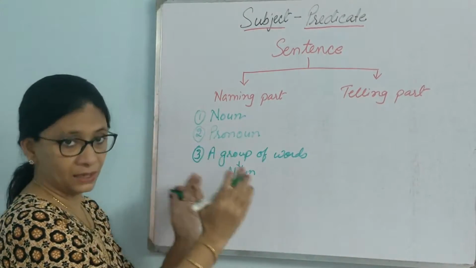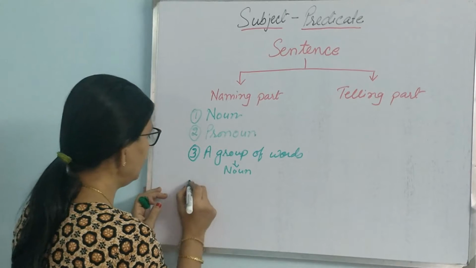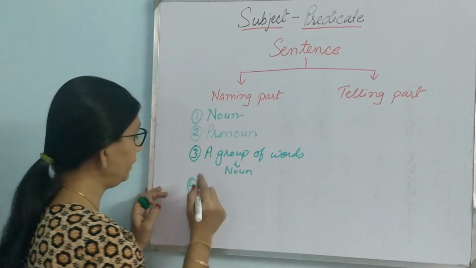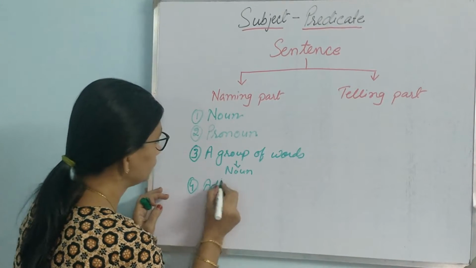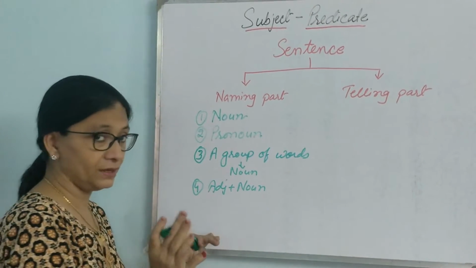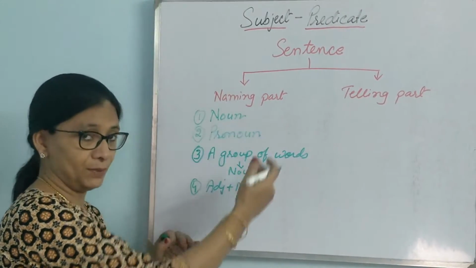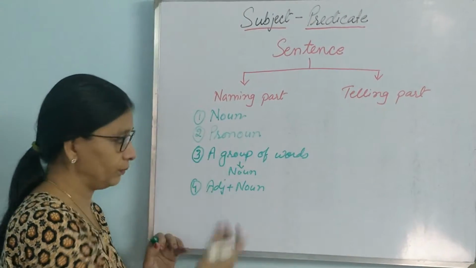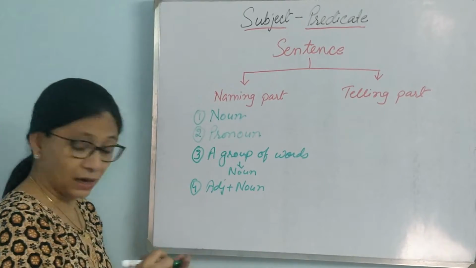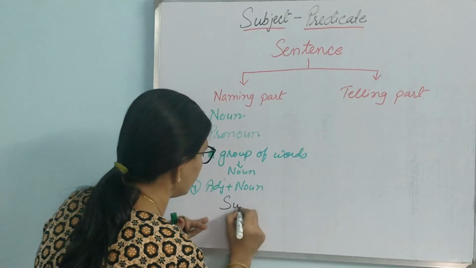The meaning will be a noun, okay, but it can be a group of words. We shall see an example. It can also be adjective plus noun. Whatever it is, it has to do something with a noun or pronoun. This is what is the naming part. Name means noun. Now, this naming part is what is known as subject.